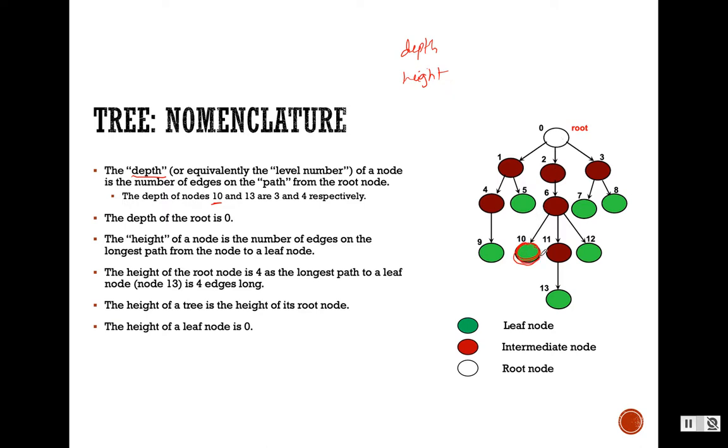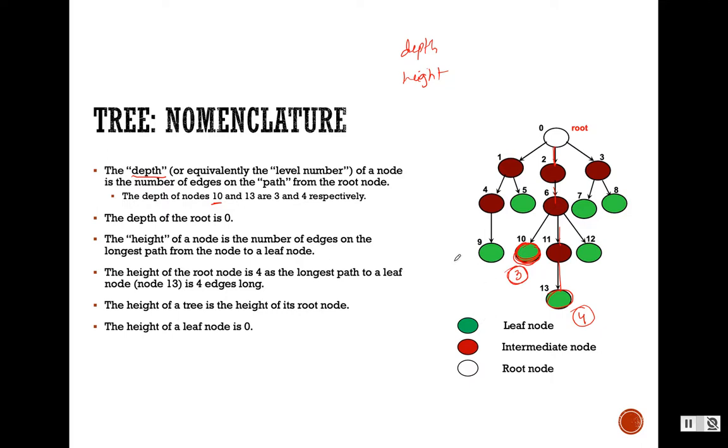So for node 10 the depth is 3. Now for node 13 the depth is 1, 2, 3 and 4. So node 13 has depth 4 and node 10 has depth 3.